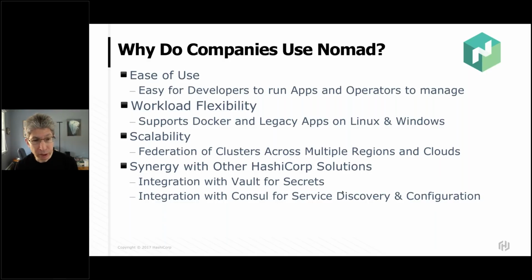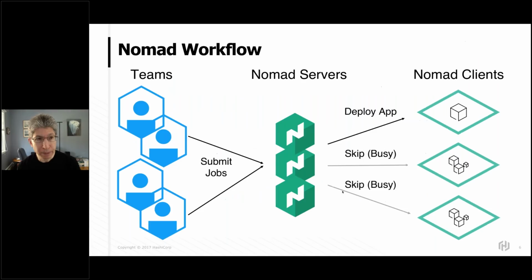Scalability is also important. I mentioned already that we can federate clusters across multiple regions and even multiple clouds. And then synergy with other HashiCorp solutions, primarily integration with Vault for secrets management and integration with Consul for service discovery and configuration. So those are native integrations. And customers who are already using Vault and/or Consul often find it very easy to add Nomad into their infrastructure.